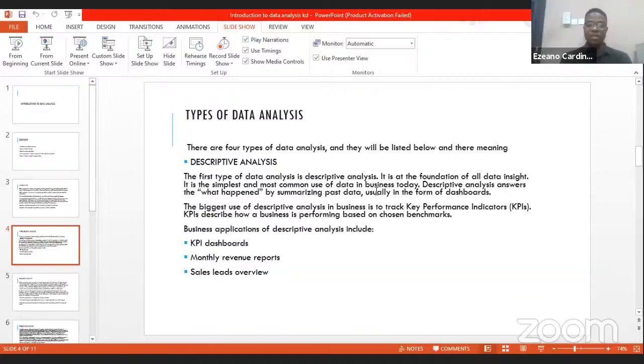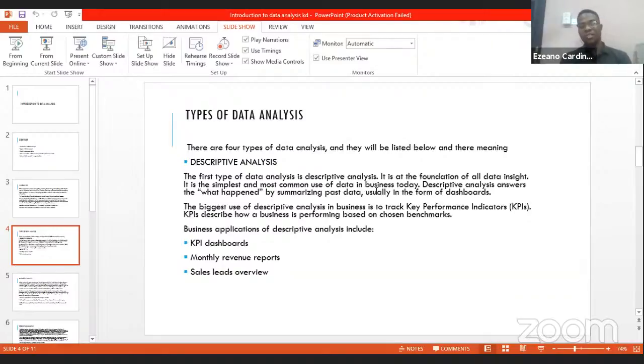KPIs describe how a business is performing based on chosen benchmarks. The business applications of descriptive analysis are sales lead overviews, monthly revenue reports, and KPI dashboards.